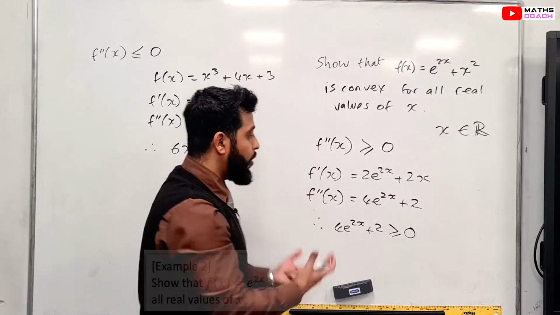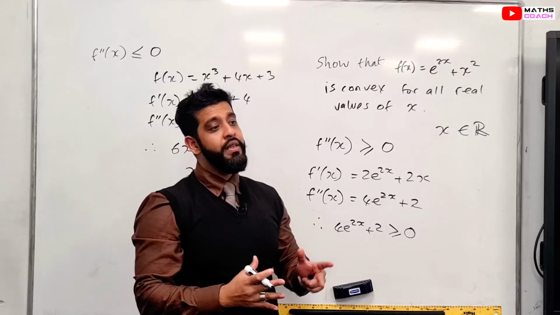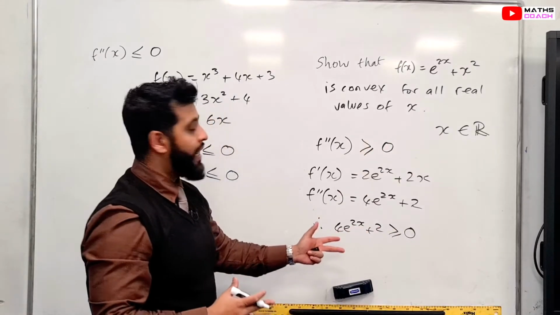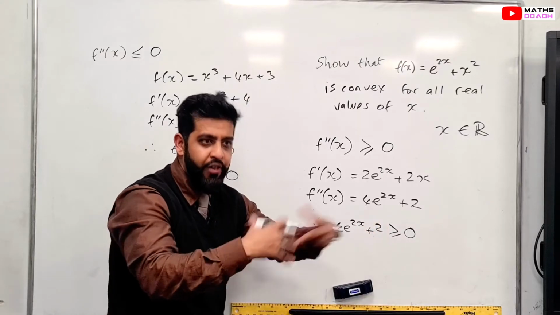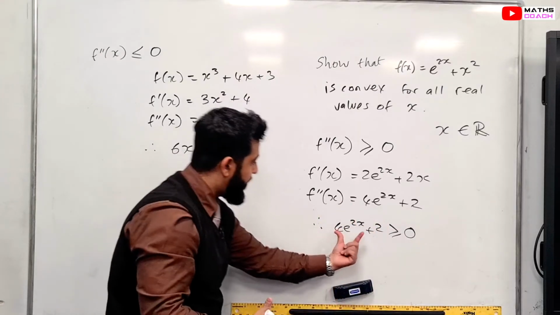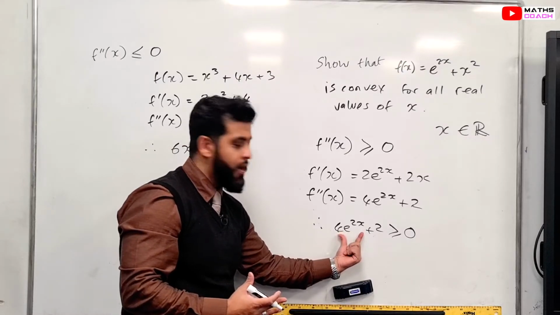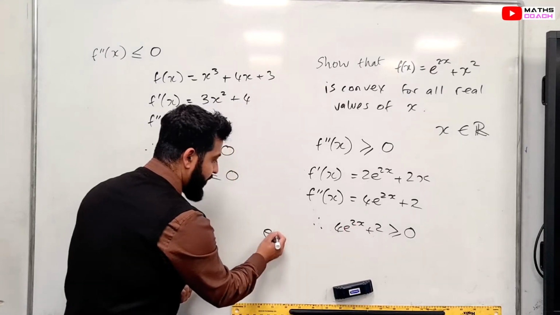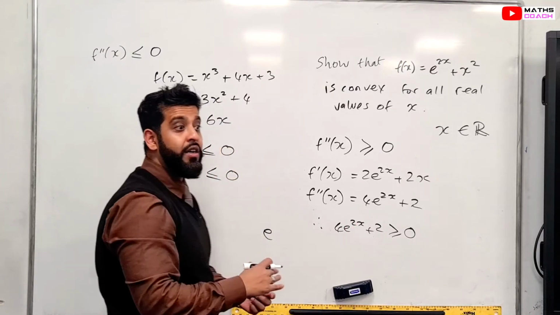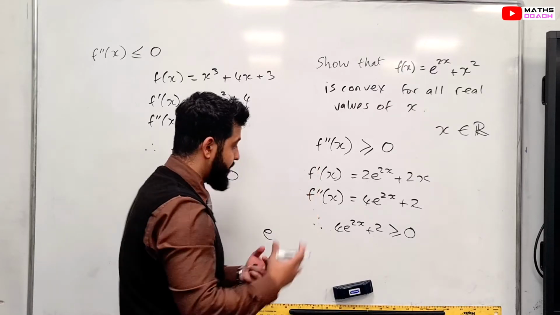So how do I show that for all real values of x, it's going to be convex? How will I show that? Well, we've got the plus 2 here. That's always going to be greater than 2, right? But we need to figure out an explanation for this part. Now, what do we have here? We have the exponential function. What do we know about the exponential function? That it crosses at 1 on the y-axis, right? It crosses at 1.